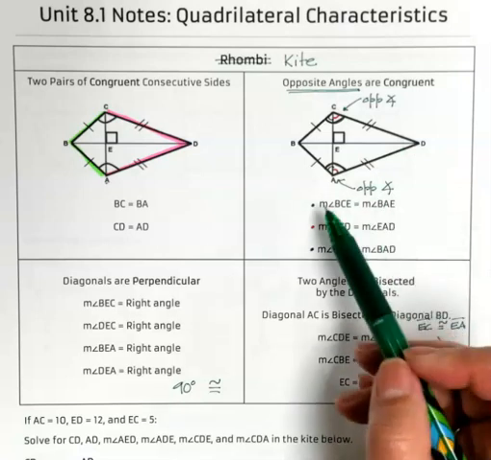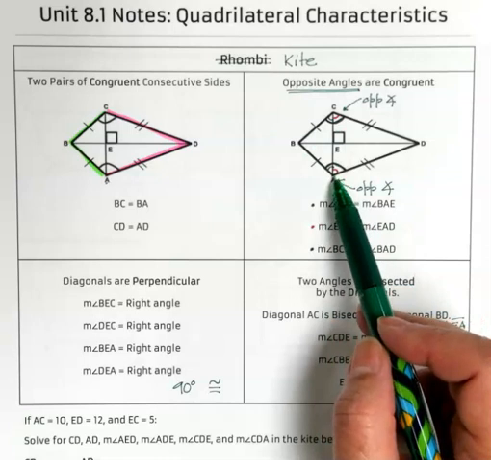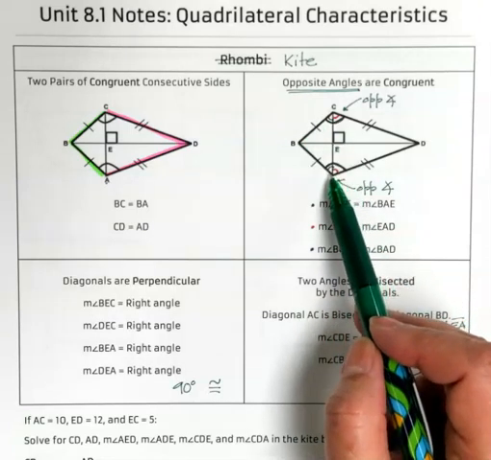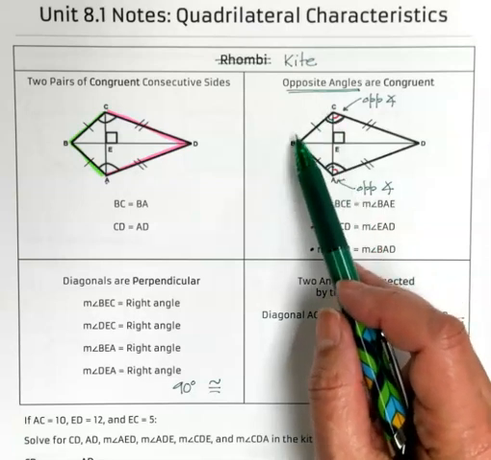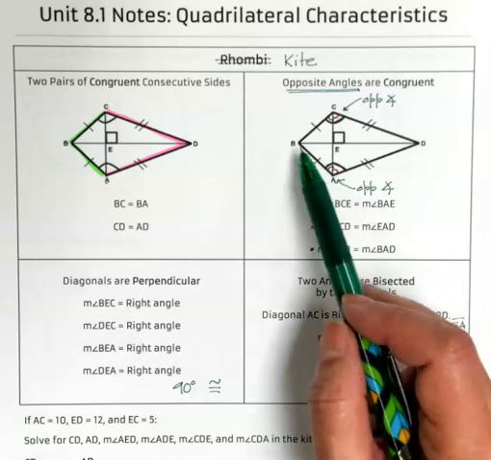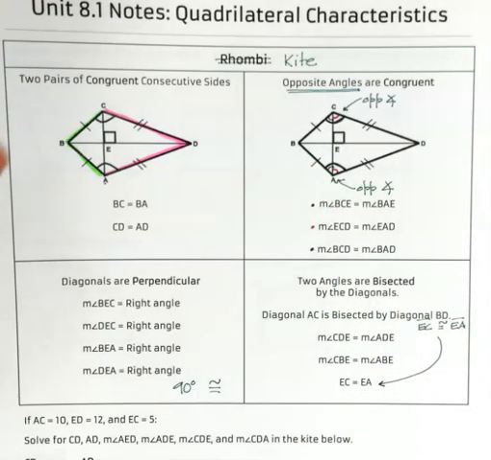And the same thing on this side. It bisects angle CBA, so that means angle CBE has the same measure as angle ABE. So a lot of things with kites.